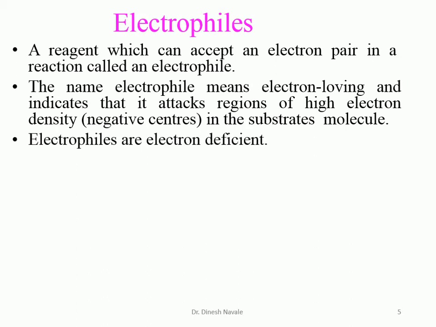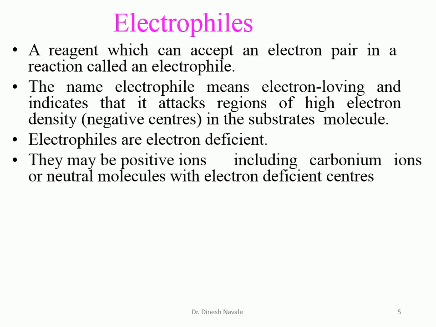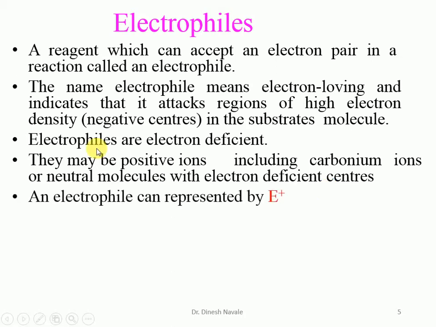Electrophiles are electron deficient species. They may be positive ions, including the carbonium ion or carbocation. They can be neutral molecules with electron deficient centers, like Lewis acids. An electrophile can be represented by E+. So this is a general representation of electrophiles.